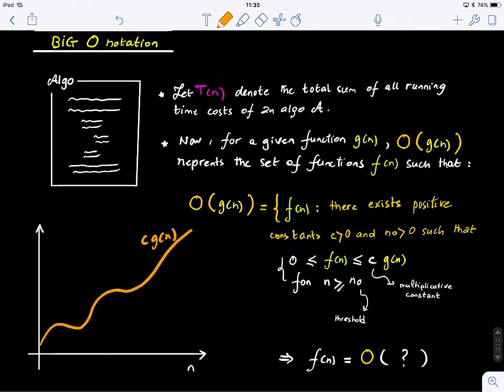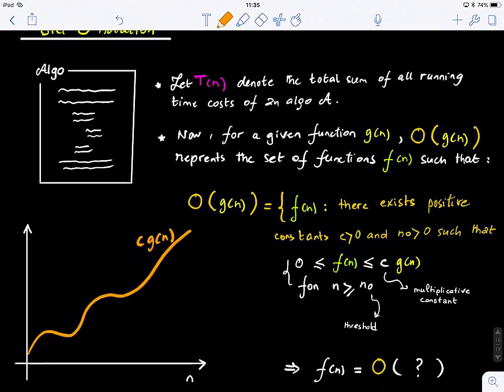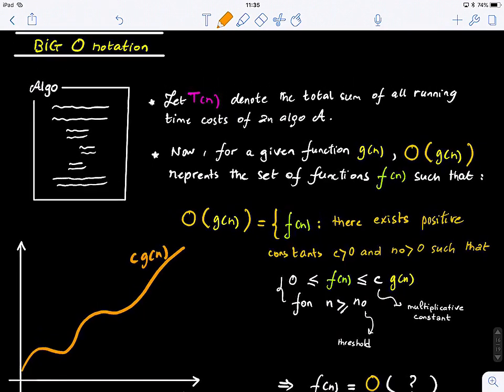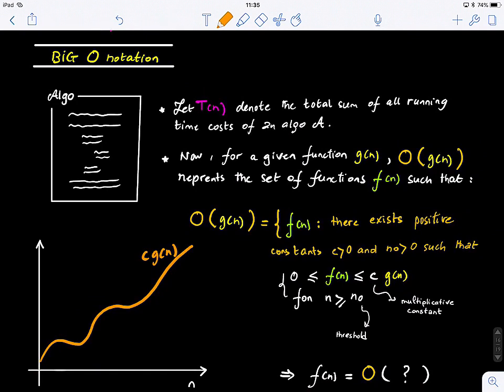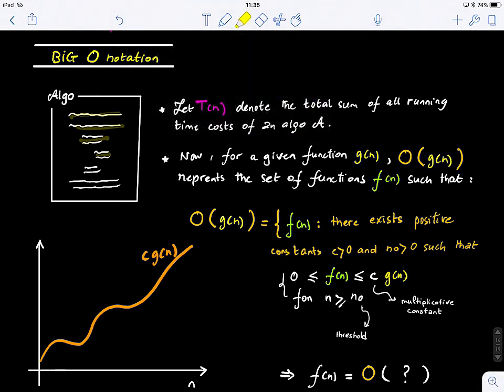Great. Here, let me explain more. We're going to look at the big O notation on a more theoretical level. So how do we define this mathematically? Imagine that we have an algorithm. And we define T(n) as the total sum of all running time costs of an algorithm. This is just what we have seen so far, right?